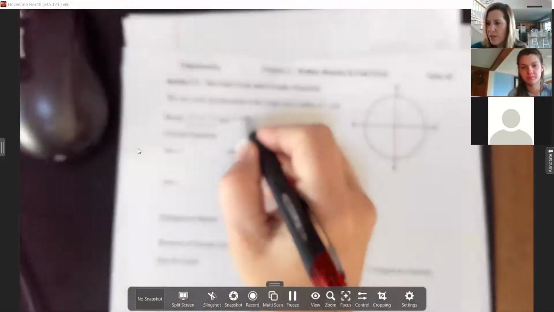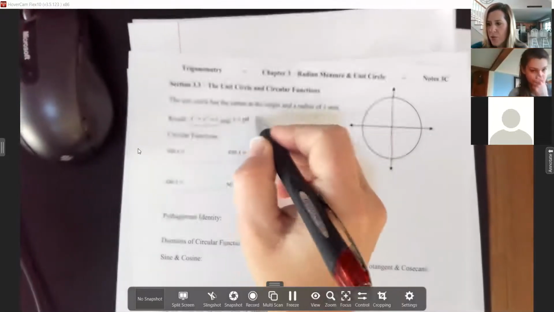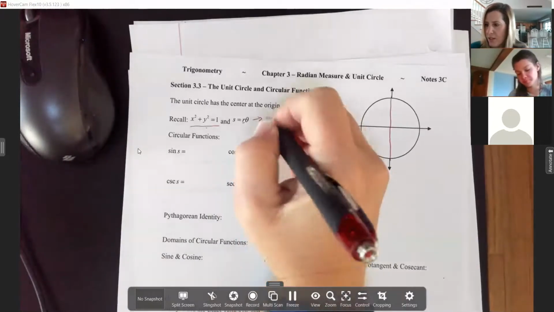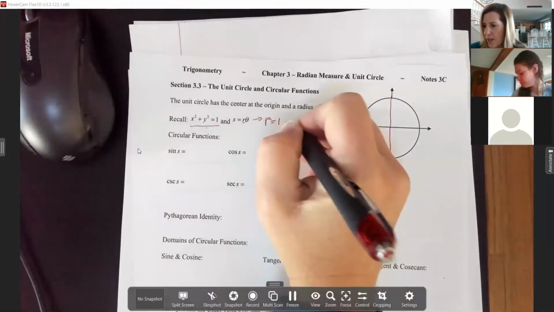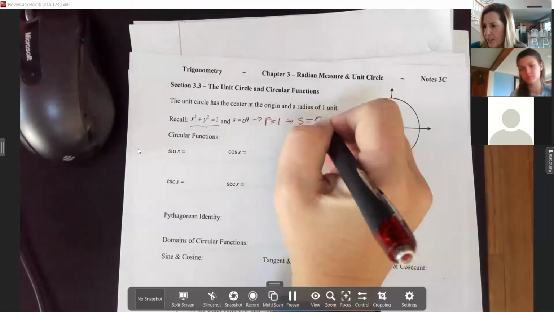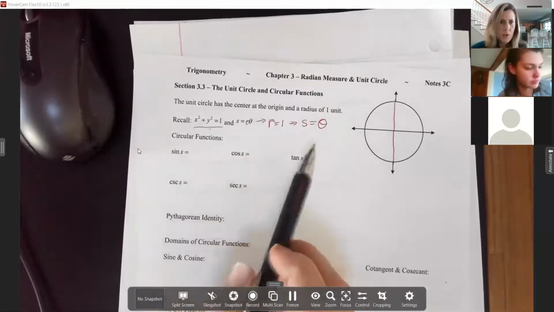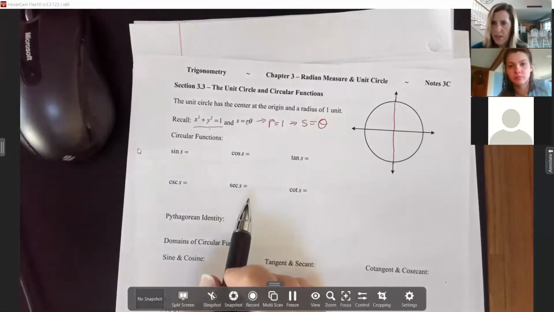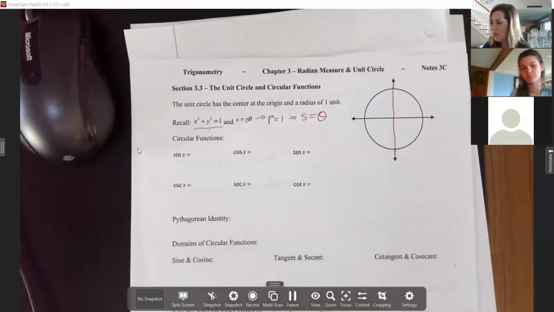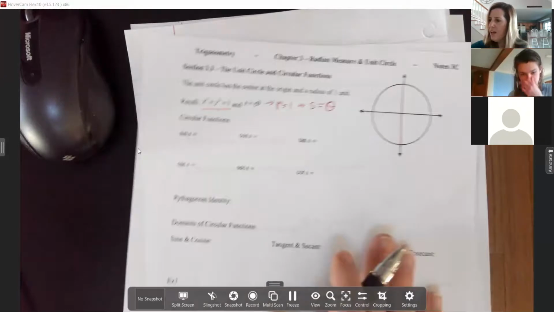And S equals R times theta. But if our radius is 1, that gives us that S is the same as theta. So you notice that they're naming them with S, which is essentially just theta, right? So it just looks a little different if you're confused as to why we switched over to that.